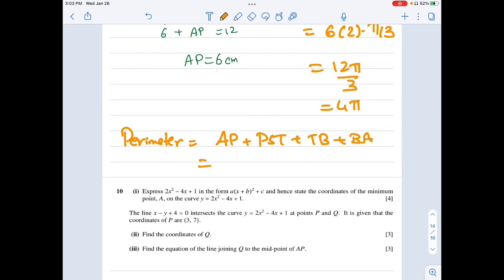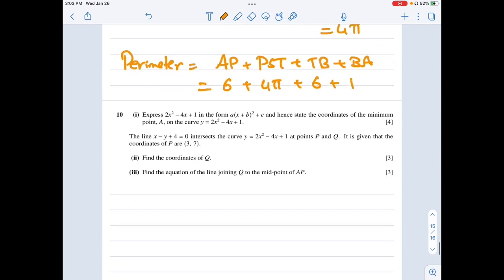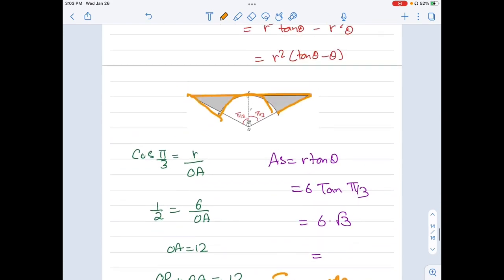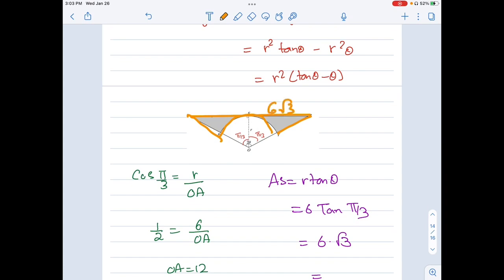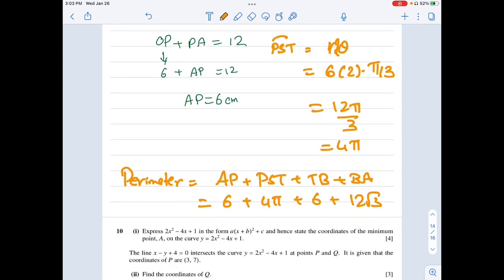So AP is 6, PST is 4 pi, TB is also 6, and AB is equal to 6 root 3 plus 6 root 3, 12 root 3. Why? This part is 6 root 3 and this part is 6 root 3. 6 root 3 plus 6 root 3 is 12 root 3. So simplify further. My final answer will be 12 plus 12 root 3 plus 4 pi. That's going to be the answer.